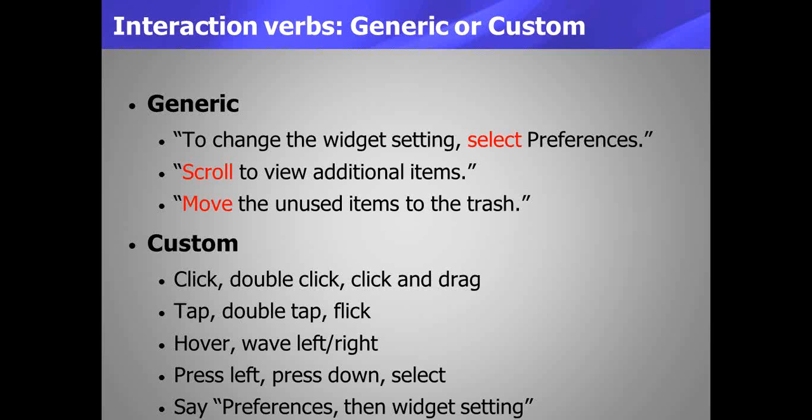So with the mouse, we have click, double click. With touch, tap, double tap. For gestures, like the Microsoft Kinect language, we have hover and wave. With a remote control, you might have press left, press down. If it's voice, there will be certain commands for that.